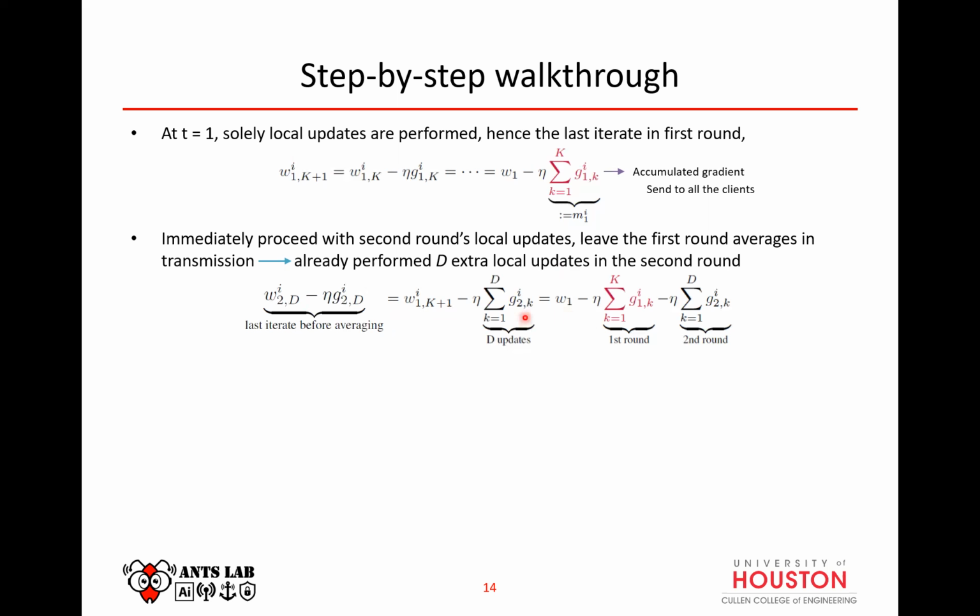The gradient update with G2 can be split into the gradient from the first round, the one they sent out as the accumulated gradient, and this is the gradient that was just computed in the D number of iterations by the local device. So the update step contains two extra parameters: one is the stale gradient and the other is the fresh gradient that was computed. Both of these are considered for the weight update.